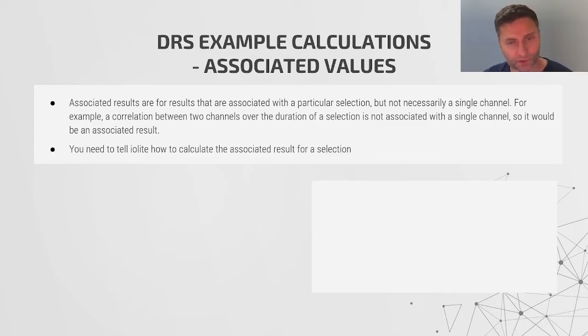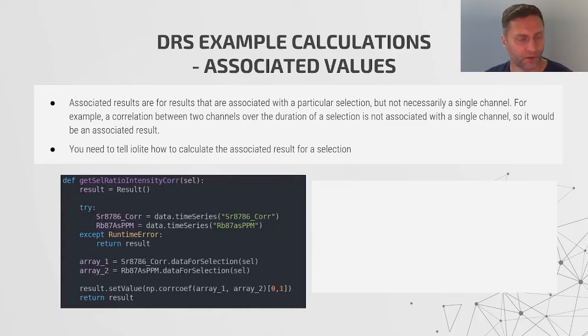Now, the way you do this in a custom DRS is that you tell iolite how to calculate that associated result for a particular selection. So here's an example where we're telling iolite how to calculate a correlation between two channels.